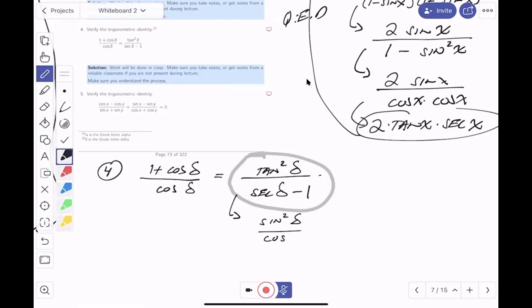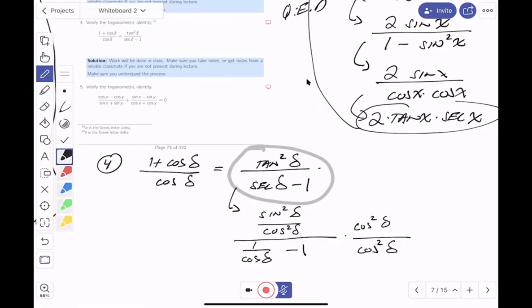Over 1 over cosine delta minus 1. And so what are we going to do now? I'm going to multiply top and bottom by cosine squared delta. All right, let's keep going.